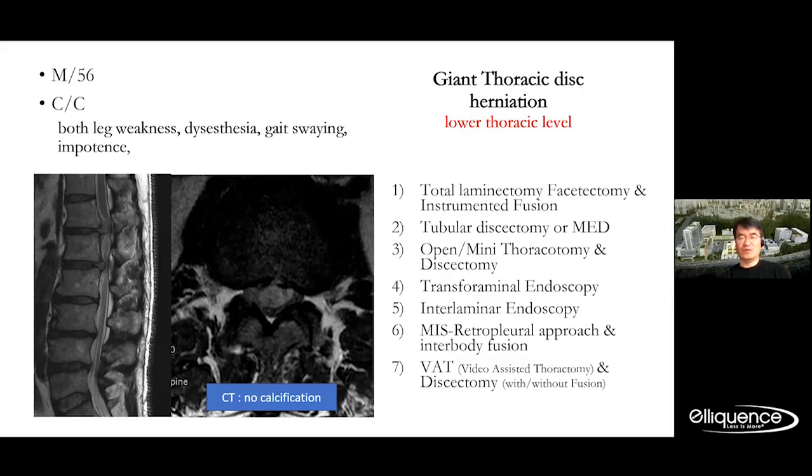So a little bit more persons have voted for transforaminal endoscopic spine surgery, about half. There are no participants who have the opinion of MIS retroperitoneal approach and interbody fusion. 0%. That's quite interesting. Okay, let's move on to the next case.